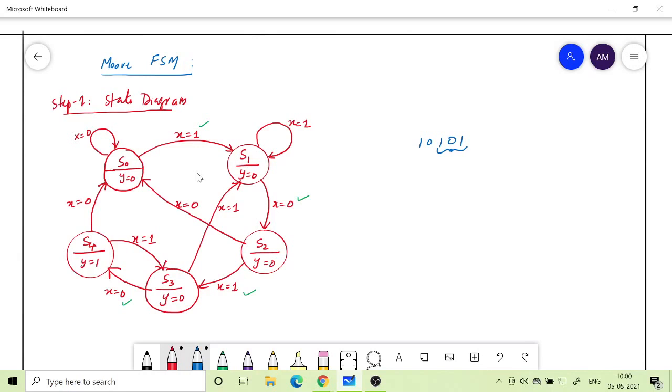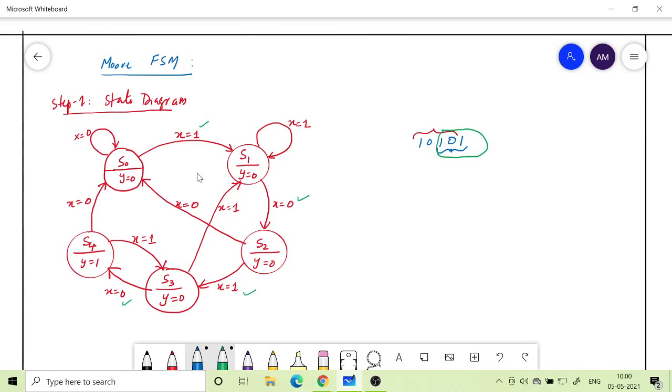So this is my state diagram. If I am at S4, that means I have already detected the sequence one time. If the next bit is 1, then I can make use of these 3 bits as the starting of a new sequence. That's why I am going to S3, because S3 corresponds to detection of 3 bits.